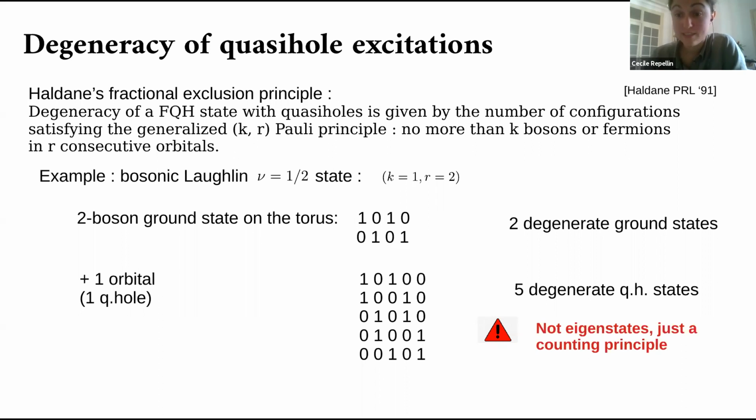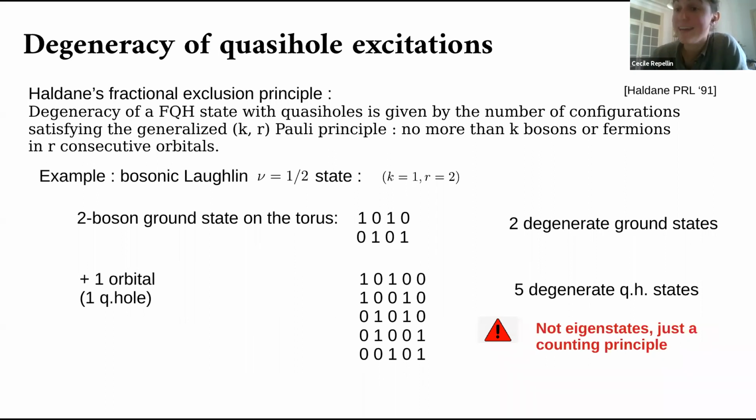A comment here: those configurations that I'm writing down are not at all eigenstates, of course. It's just a counting principle. And the reason it's not an eigenstate is that those configurations are product states, and fractional quantum Hall states are not product states.